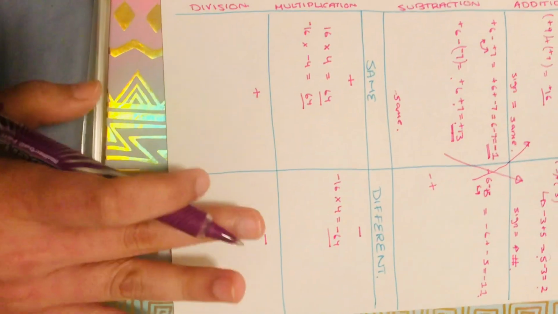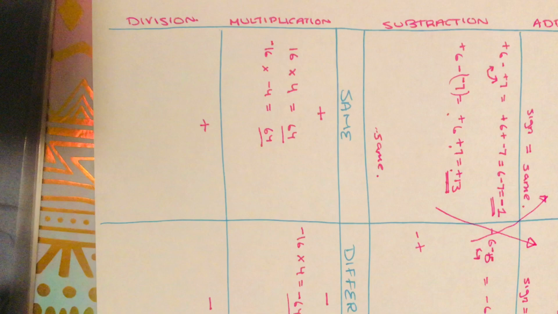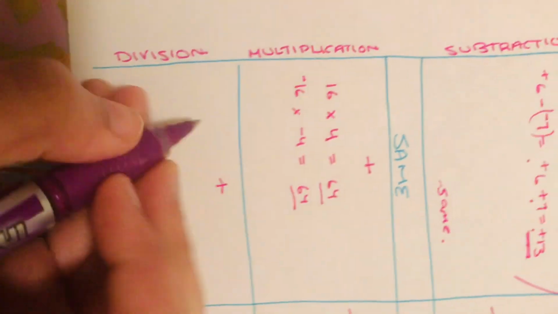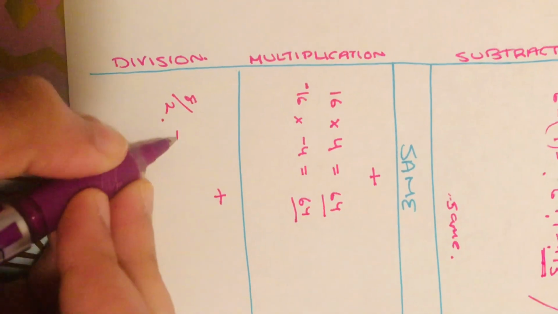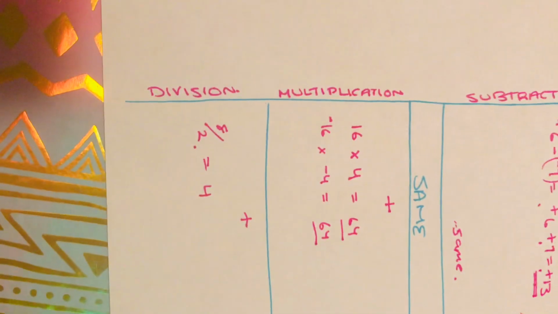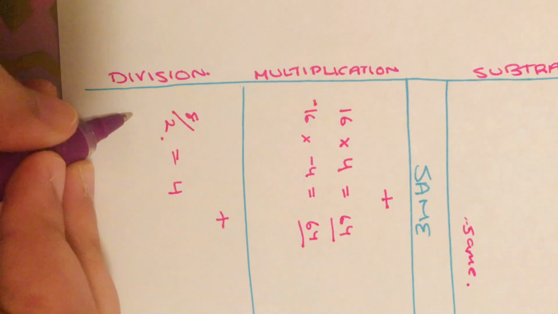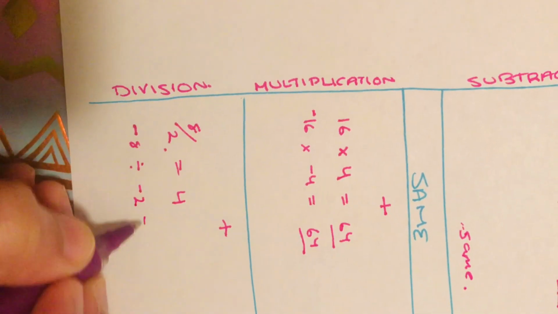Let me know if you got that, or if you need help with that. The next thing that we're going to look at is division of the same signs. So for example, you have 8 divided by 2. You're going to write it down as positive 4, because both of the numbers have the same sign. Both are positive, right? Or you have negative 8 divided by negative 2.